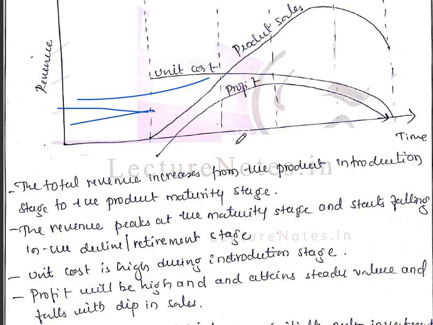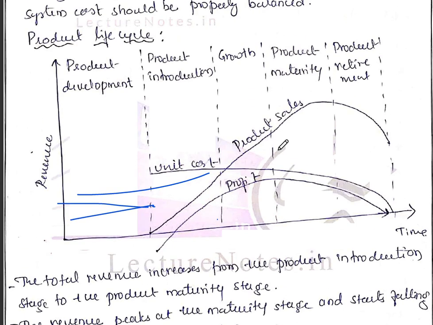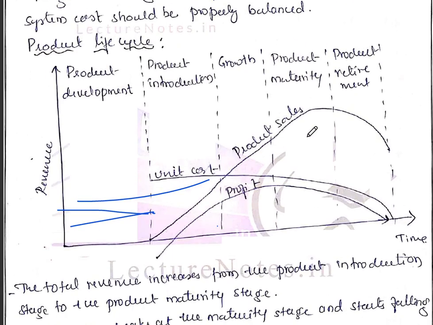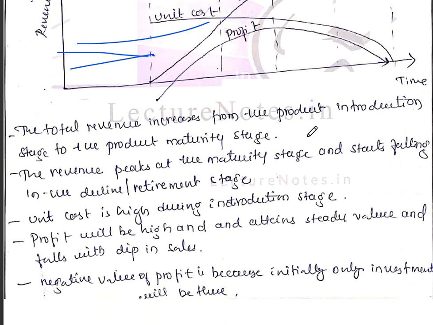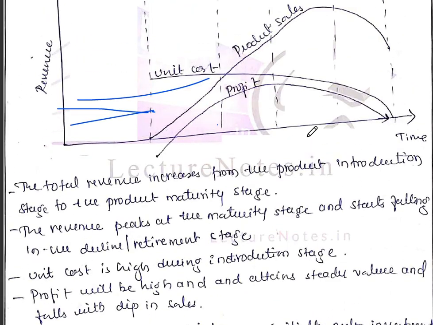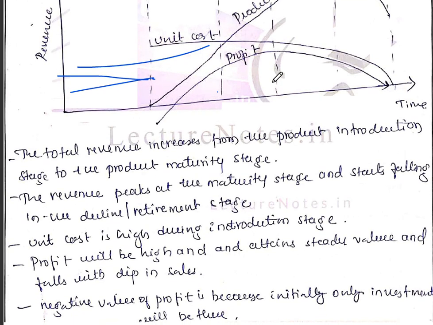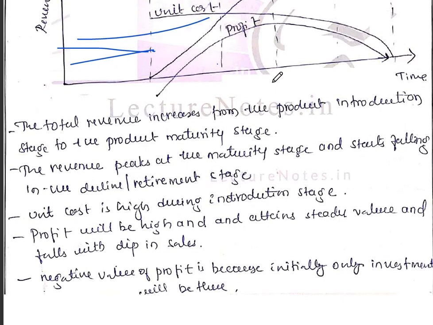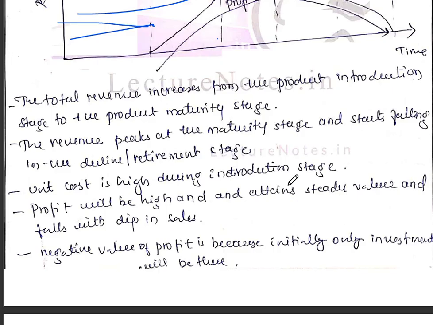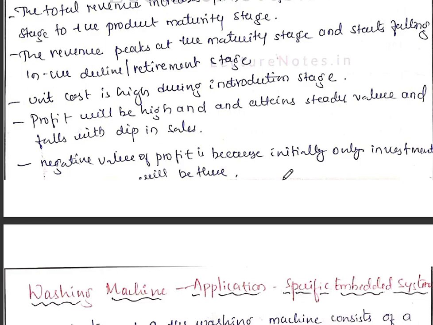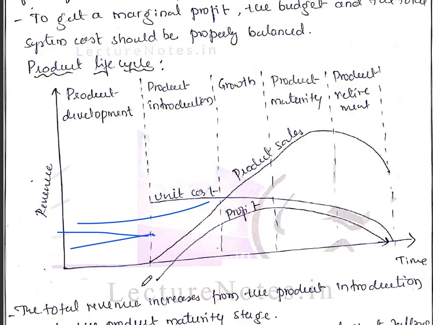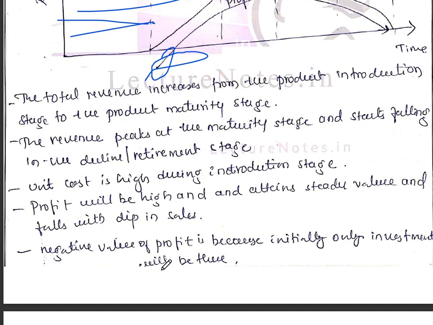And the total revenue increases from the product introduction stage to the product maturity stage, and the revenue peaks at the maturity stage and starts falling or declining in the retirement stage. Profit will be high, attains a steadier value and falls with a dip in sales. The negative value of profit is because initially only investment will be present and the ratio of profit is very low, that's why it's negative.